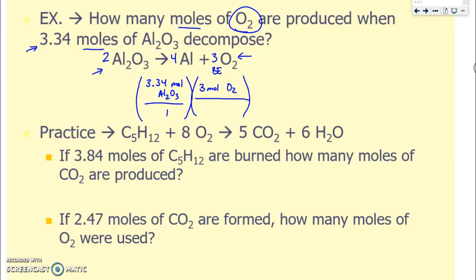So I look at my equation again, and I see that I have 2 Al2O3, so I have 2 moles of Al2O3. Now, I'm ready to solve. This cancels, okay, just the unit, not the numbers, and I'm going to take 3.34 times 3 divided by 2. Round for proper sig fig, and I'll get 5.01 moles of oxygen.